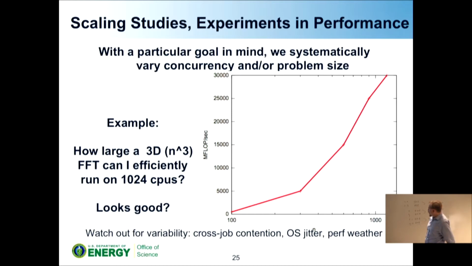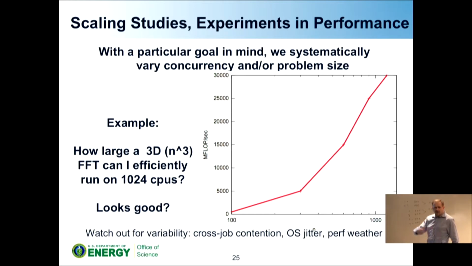But in any scaling study, the crux of it is really looking at the problem across either problem scales or concurrencies. The y-axis is megaflops per second, and this is on 1024 CPUs. Up is better, that's a higher megaflop rate. The scaling study is a weak scaling study here.